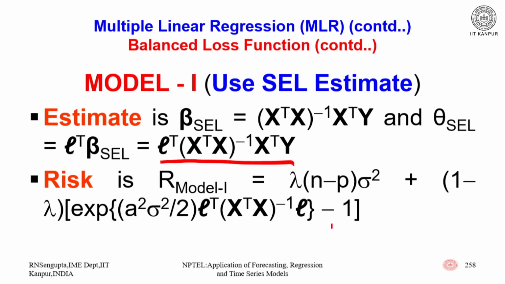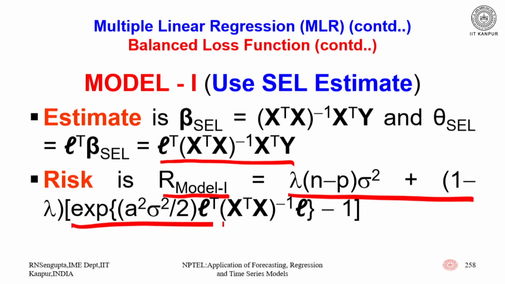We also know the distribution of beta hat, normal with certain mean and certain variance, which I have repeatedly stated along with the very simple proof, because that was important, in the previous set of slides when we were doing multiple linear regression. So, when I find out the expected value of the loss, it comes out to be the risk, and this is pertaining to the risk for model 1, and it is given here.